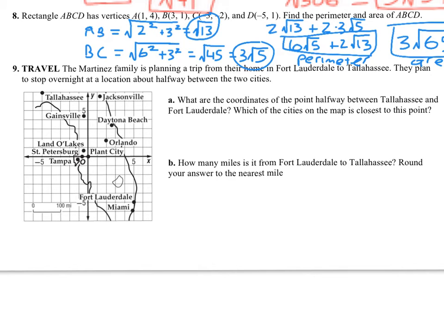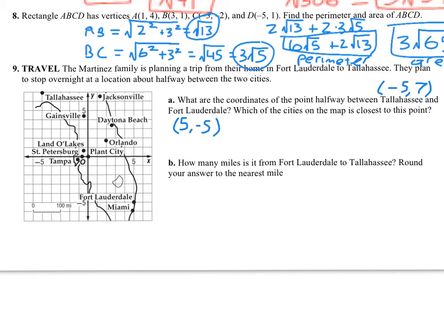We have a map of Florida. We're going to take a trip from Tallahassee to Fort Lauderdale. We want to take a break midway, so let's find the coordinates. This is a midpoint problem. So Tallahassee, looking at the map, has coordinates -5, 7. Fort Lauderdale has coordinates 5, -5. So I want the midpoint of those.